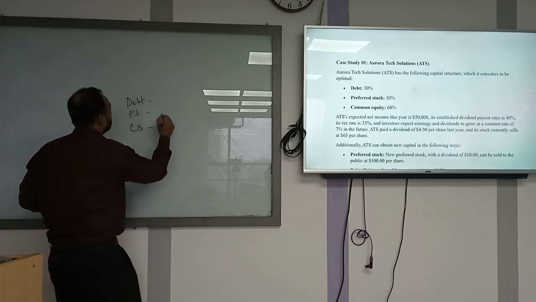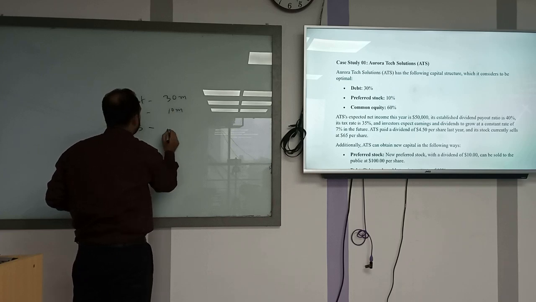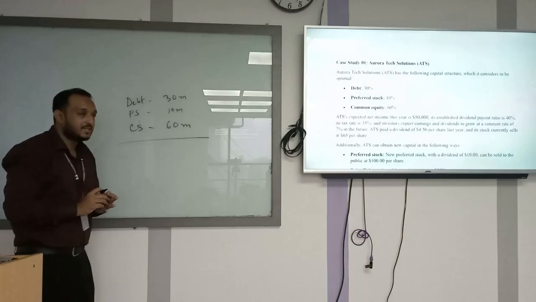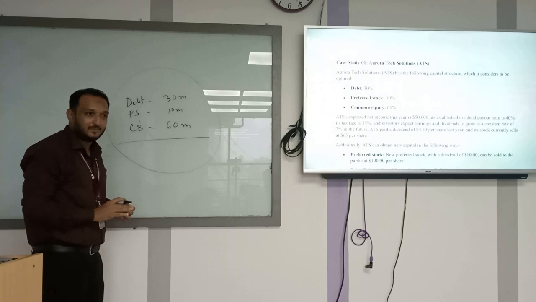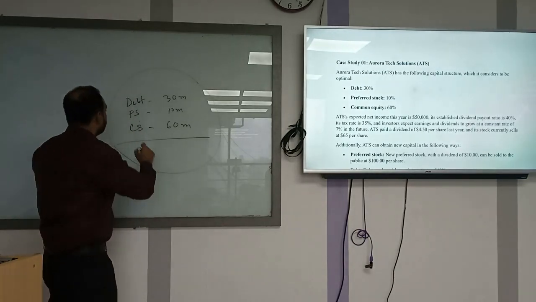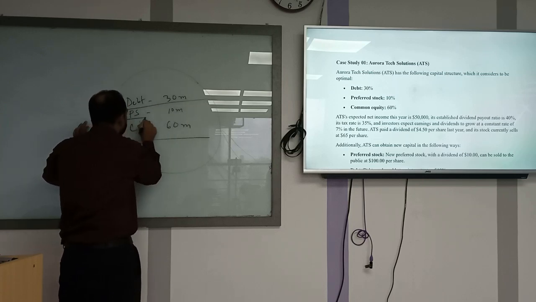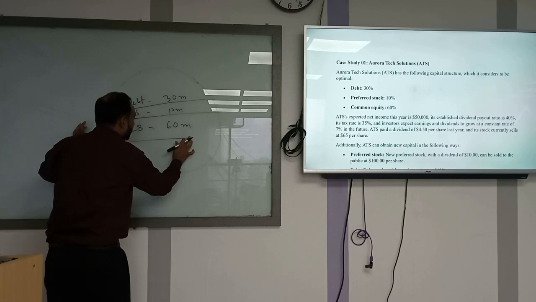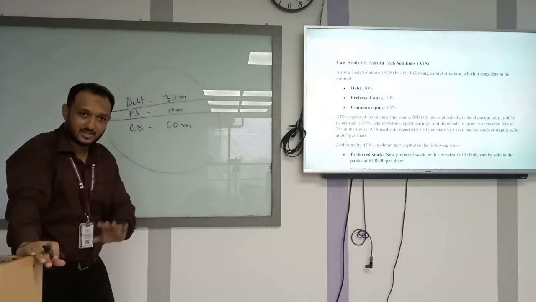So for example 30 million, 10 million and then 60 million. So this is my capital structure of my company. এই ক্যাপিটাল স্ট্রাকচারে কি আছে দেখেন, আমার একটা ডেটের পোরশন আছে, এই পোরশনটা হচ্ছে আমার প্রিফার্ড ইকুইটি, এন্ড দিস পোরশন ইজ মাই কমন ইকুইটি ইন মাই ক্যাপিটাল স্ট্রাকচার। ক্লিয়ার?